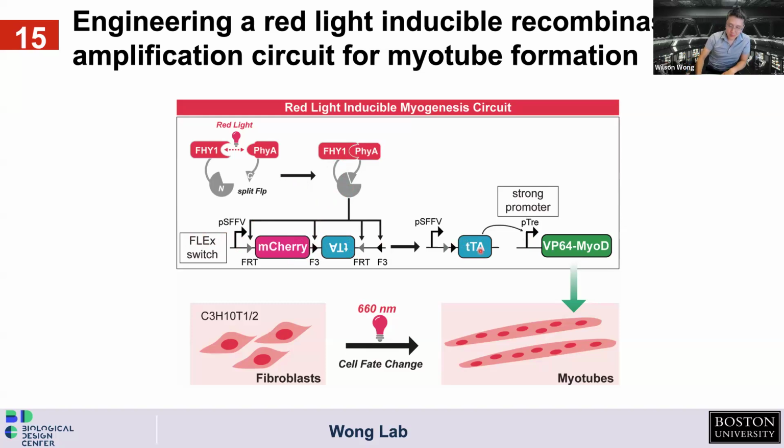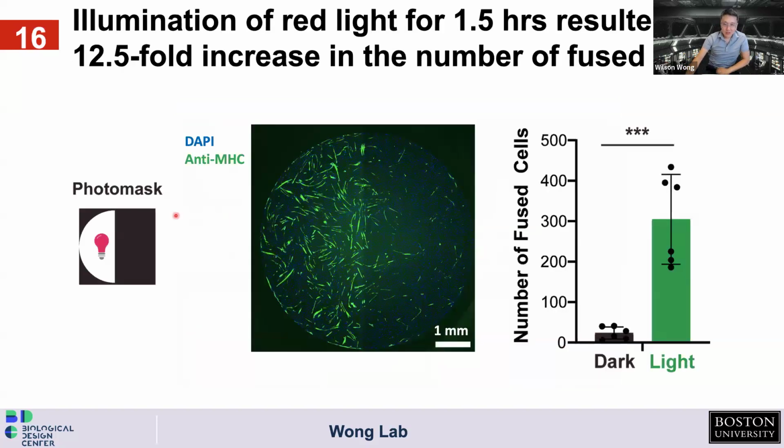When we did this, we've shown that this is a pretty nice self-control system. We have a well with a photomask. One side is blocked, one side is not. So when we shine red light into it, we can see half the side is illuminated with red light, half the side is blocked. There's a little bit of leakage, but you can see that and then you can count.